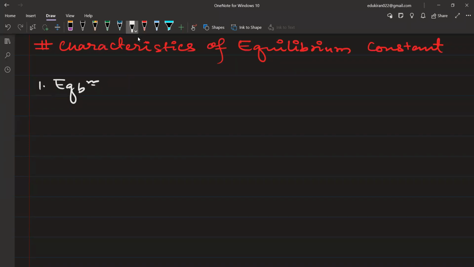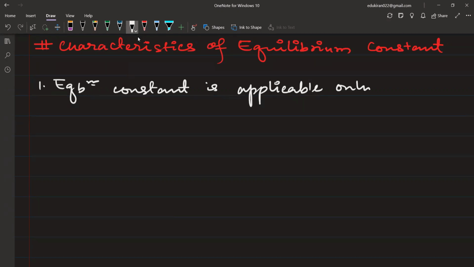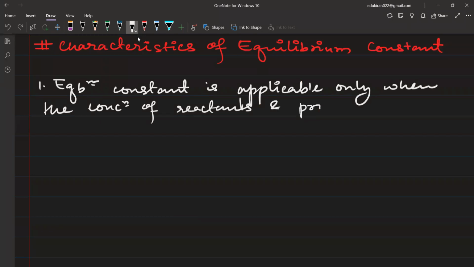Equilibrium constant is applicable only when the concentration of reactants and products attained their equilibrium state.